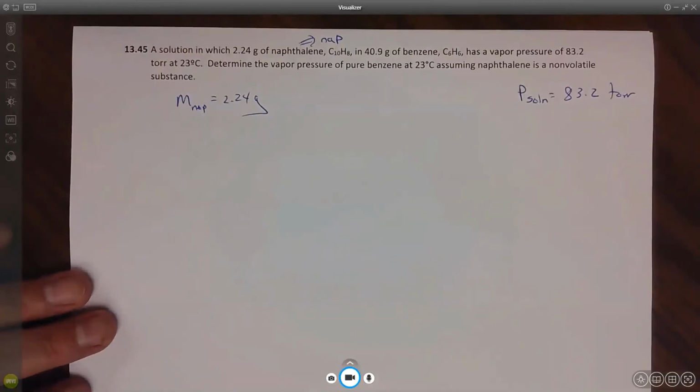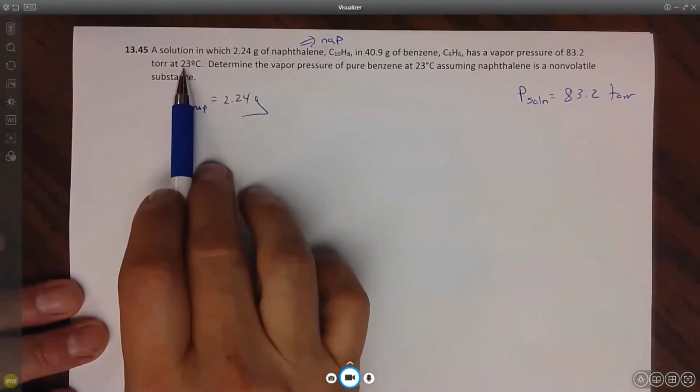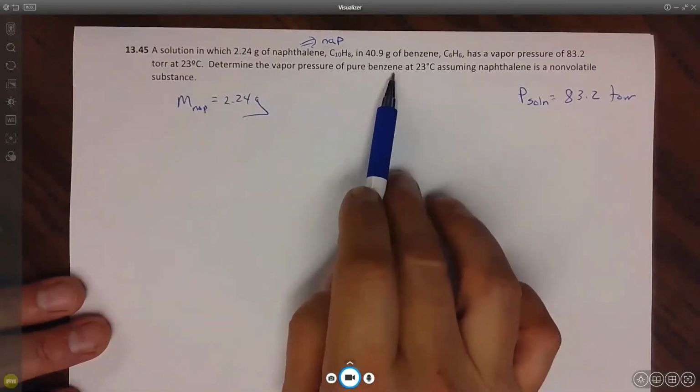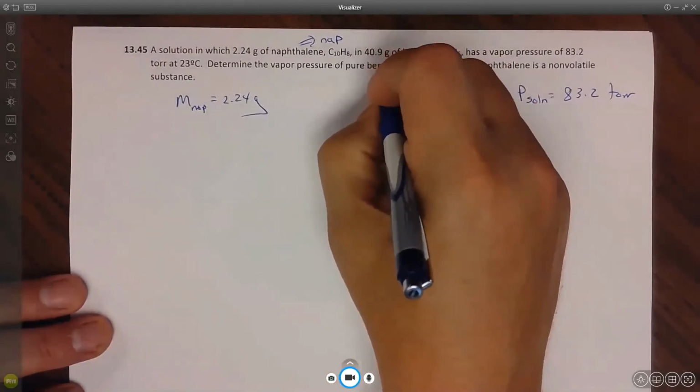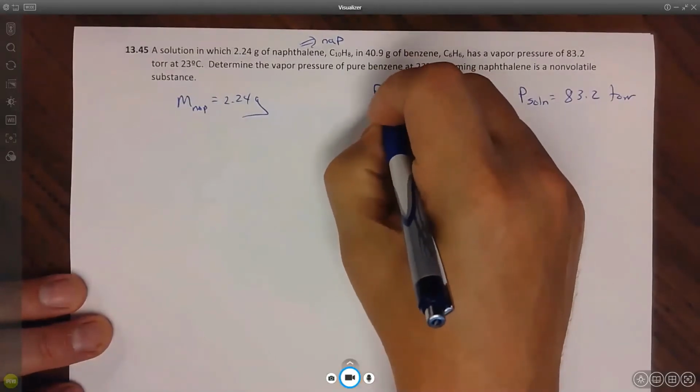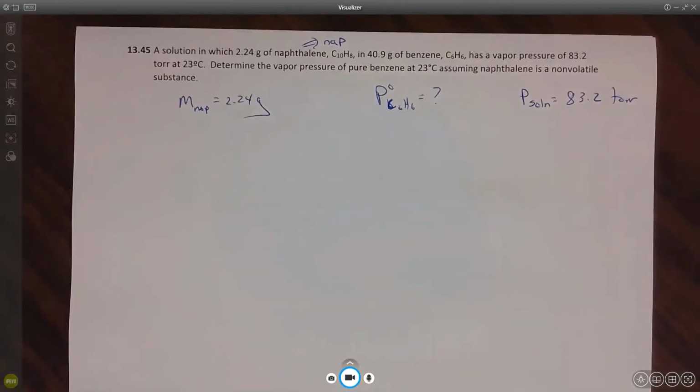And it wants us to determine the vapor pressure of pure benzene at the same temperature. So pure benzene now at the same temperature. So what are we looking for? Well, let's call this C6H6. So this is what we're looking for.